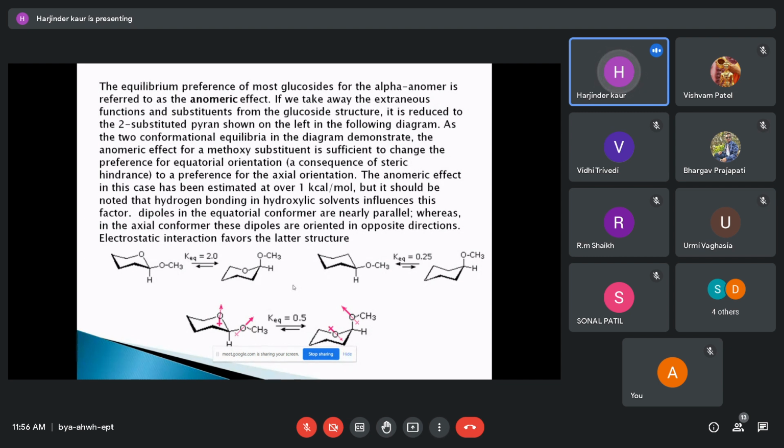Mutarotation, I told you, occurs. That is because one of the isomers is in a higher quantity than the other. Now, why this happens, this kind of questions are asked.